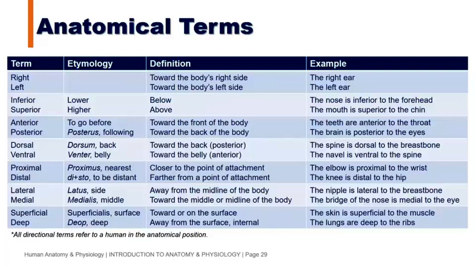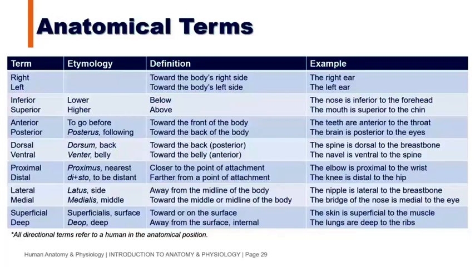Inferior means lower or below, and then the nose, you can just say the nose is inferior to the forehead. And then superior means higher or above, wherein you can say our mouth is superior to the chin.